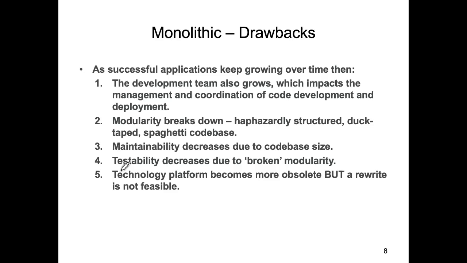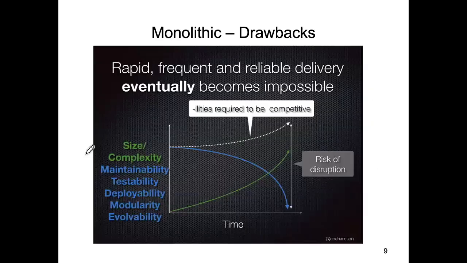It's now running on old technology. Okay, so monolithic is great for small applications, not so good for very large applications, and certainly for large applications that are successful, i.e. they live a long time, for the reasons that I've mentioned.